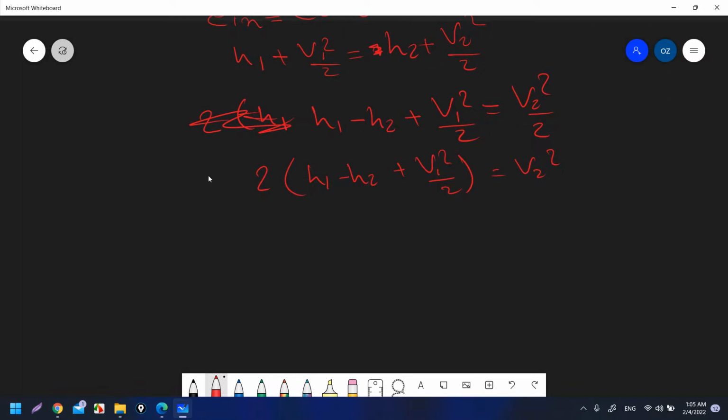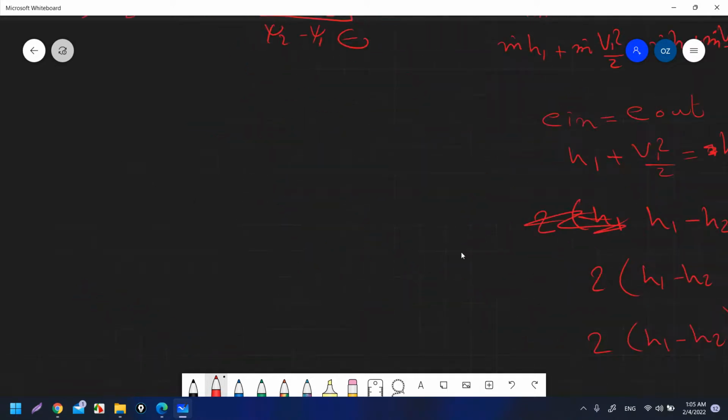Let's distribute the 2, and I want to make h1 minus h2 alone, because I want to use a constant specific heat. I will assume it is a constant specific heat. We have combustion gases, where either variable or constant specific heat could be used, but here he gave me Cp and k in the question.